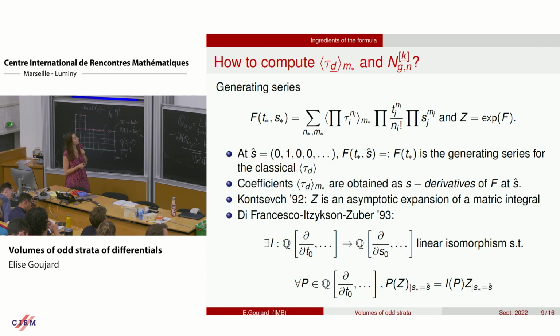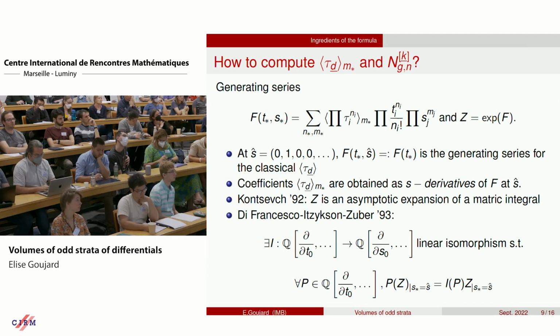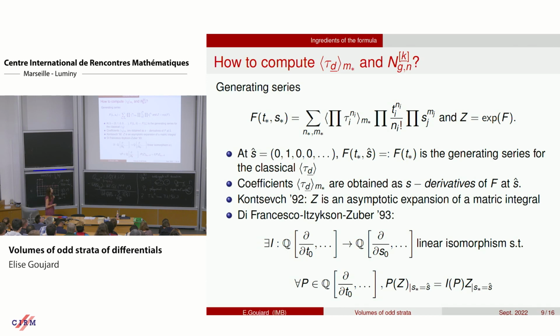If you want to compute these coefficients from the generating series, what you want is to compute the s_i derivatives of this series and consider this series at this point, to kill all the s variables. So what is known about this generating series?